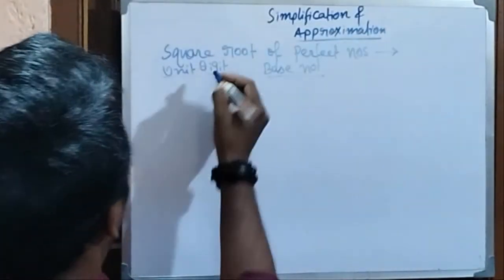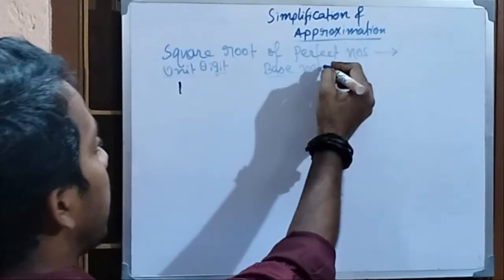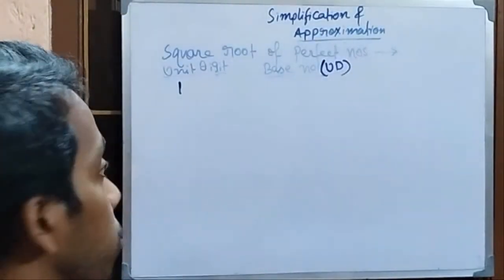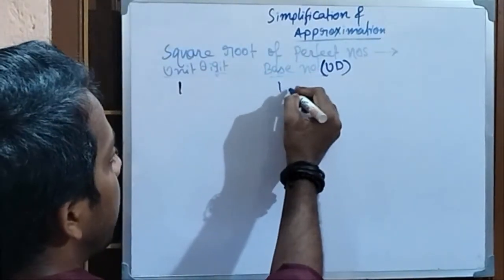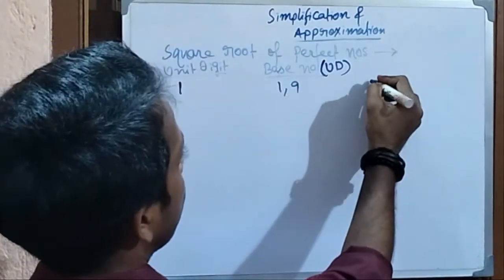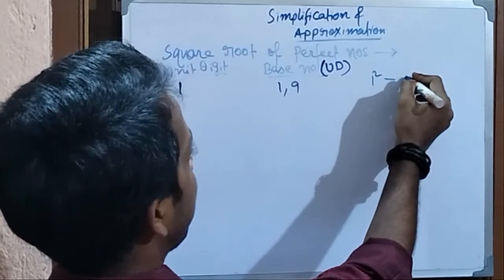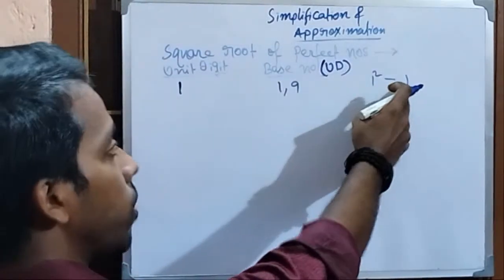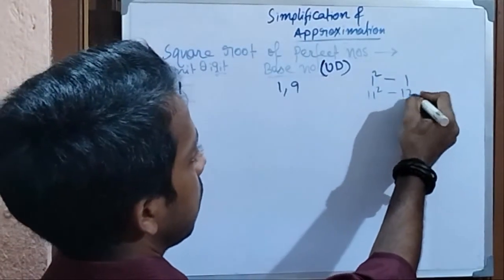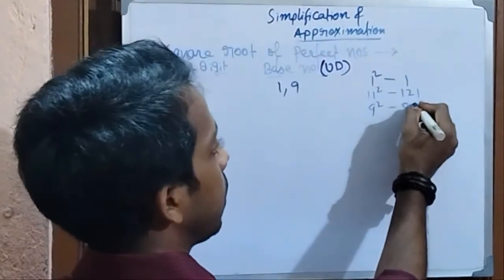See, first of all, if the unit digit gives us 1, the base number, here also I am talking about the unit digit. But if the base number counts as a 2-digit number, what will you do there? Suppose the base number is 1, and the perfect number is also 1, the square of 1 is also 1. But if it comes as 11 squared, this will give you 121, right? If it is 9 squared, this will give you 81.